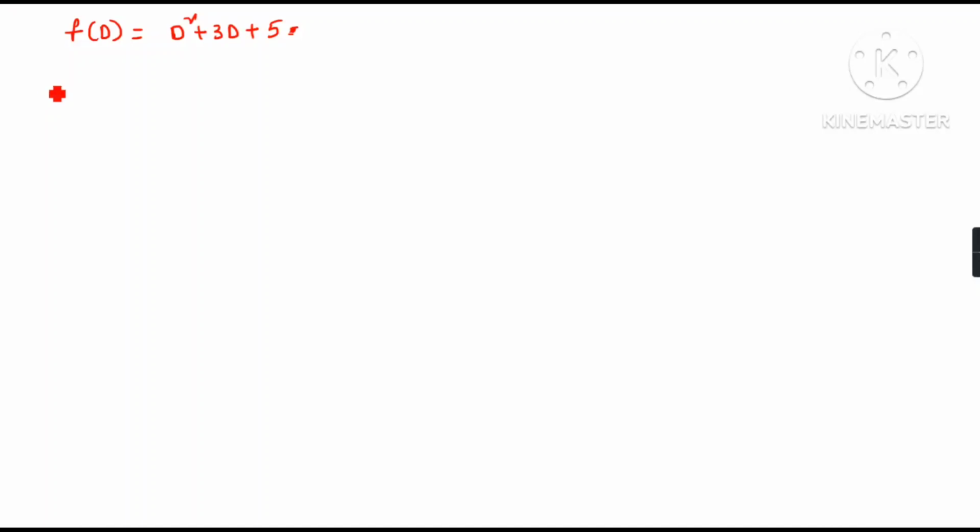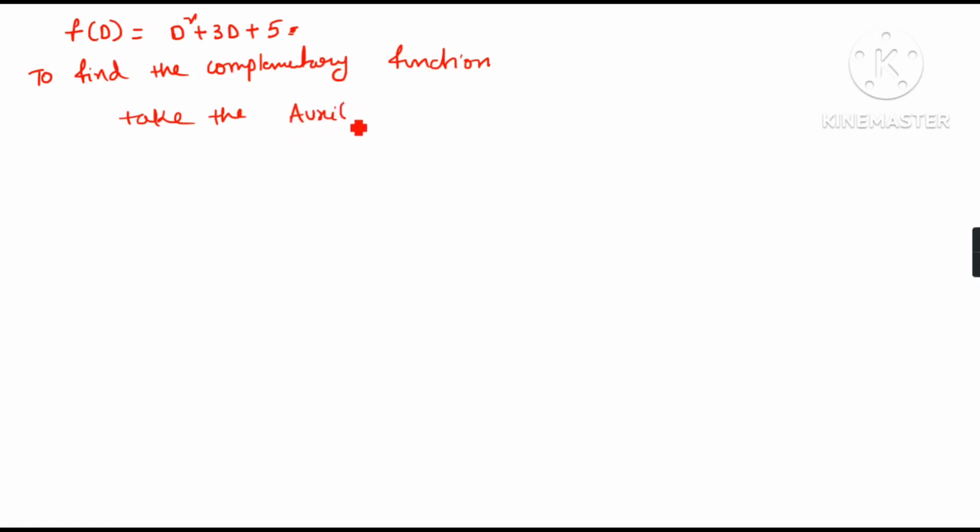Now, to find the complementary function, take the auxiliary equation. This is very important. What is the auxiliary equation?